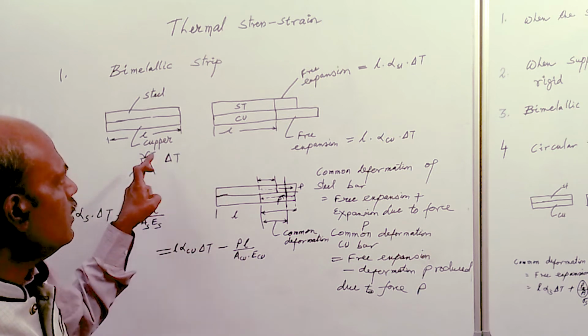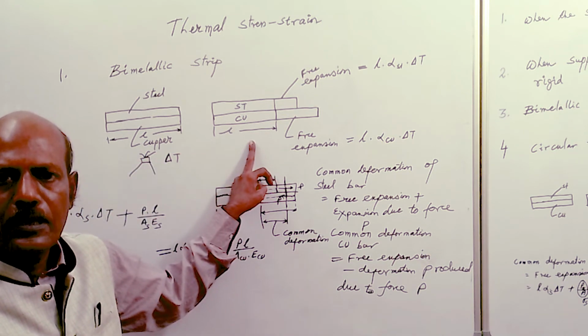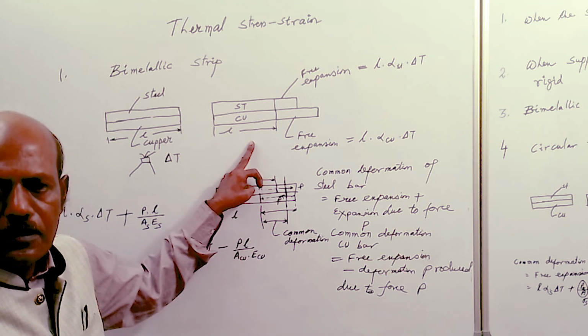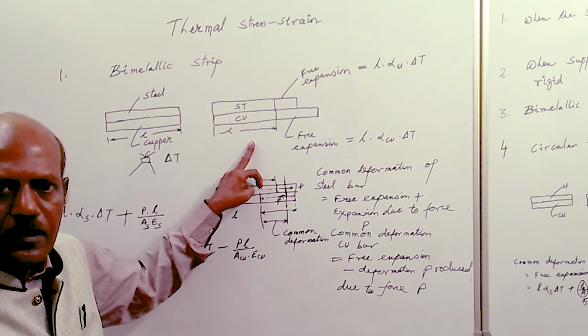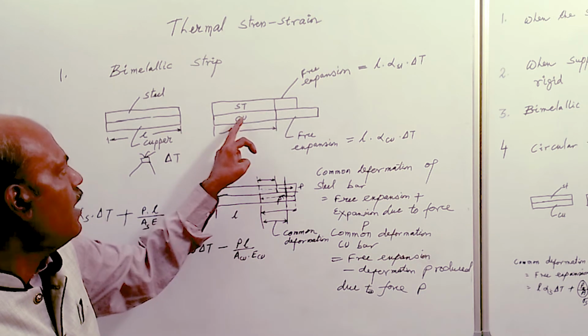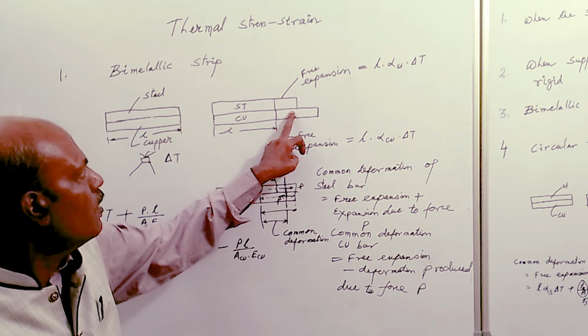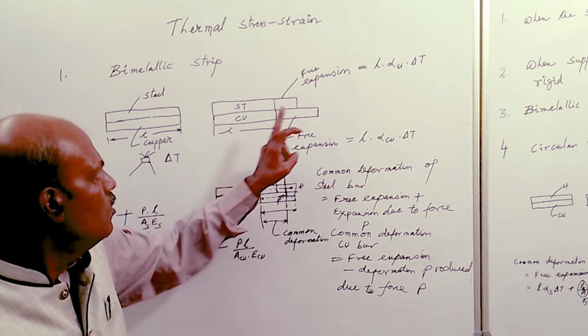When the bar is heated, free expansion will take place. We are considering there is no restriction against the free expansion, so the steel bar will expand a small amount, and the copper bar, because its alpha value is more, will expand more.